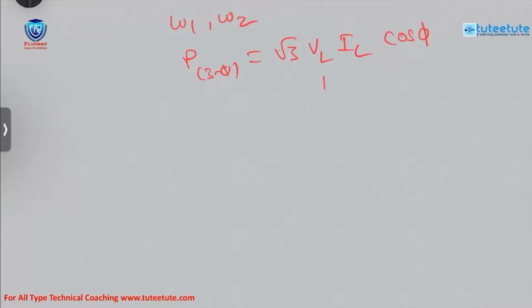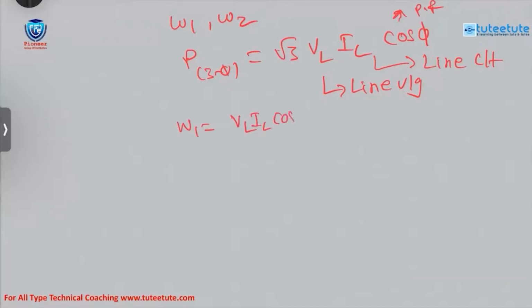Where VL is line voltage, IL is line current, cos phi is power factor. So we need to get root 3 VL IL cos phi by using W1 and W2. W1 is VL IL cos(30 minus phi).